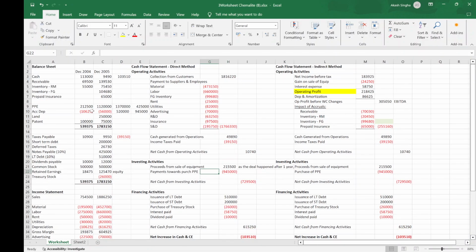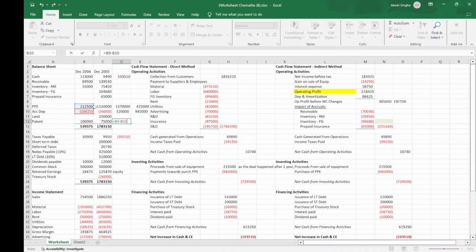Which is given as this value. And the selling will happen at the end of the year, right? So what would have been the net book value at the point of selling? This minus the depreciation, which was 6 months depreciation, right?